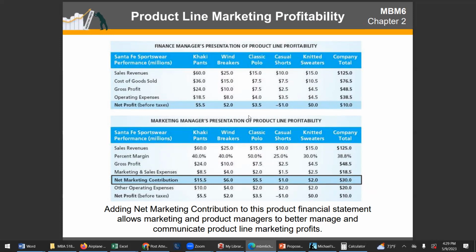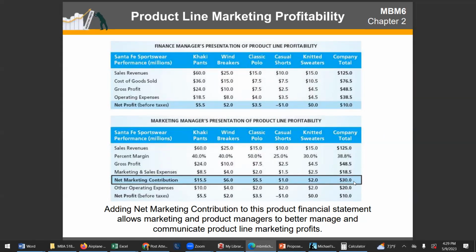Now, if we look at organizational performance across these product lines, and then we break out our net marketing contribution, we can start to compare.